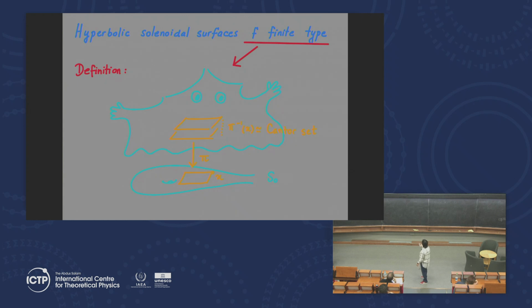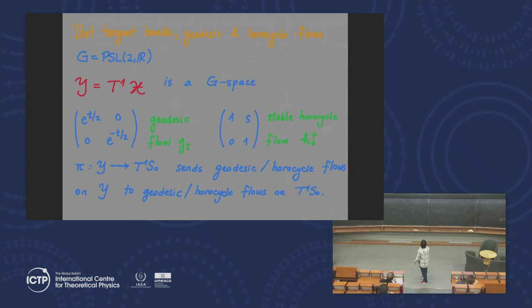And that would be the unit tangent space, and the unit tangent space is a G space. So it has a PSL2R action, for which the orbits are the leaves in this unit tangent space. And you also have the geodesic and the horocycle flows given as actions of one-parameter subgroups of PSL2R, okay?